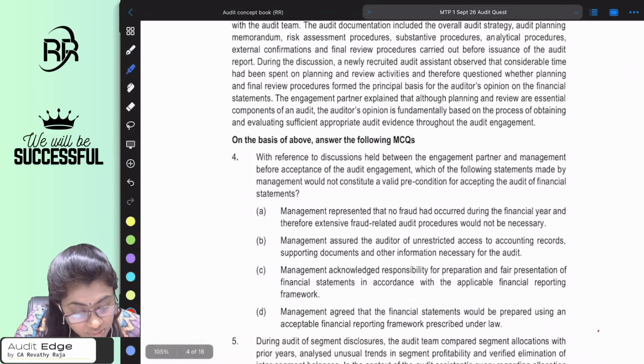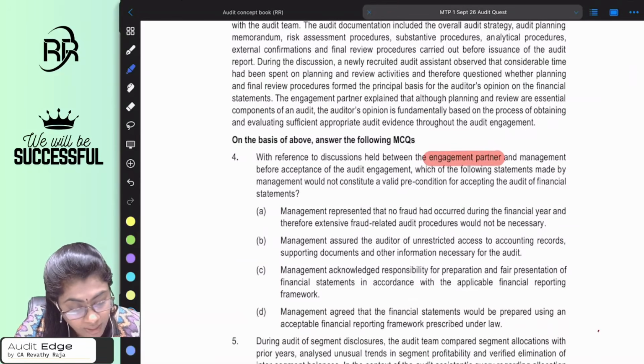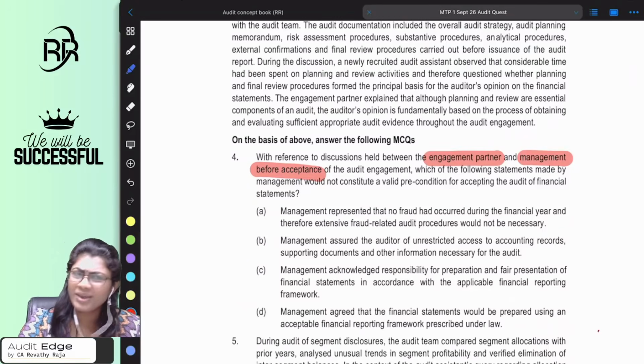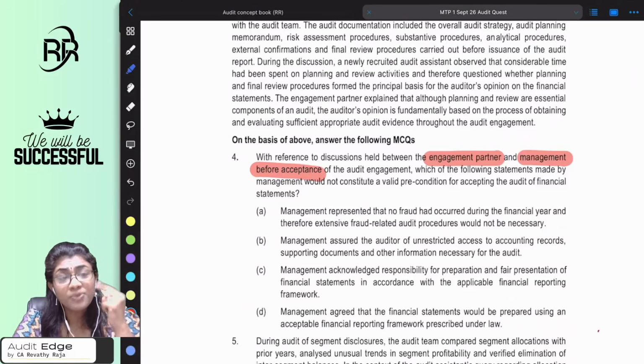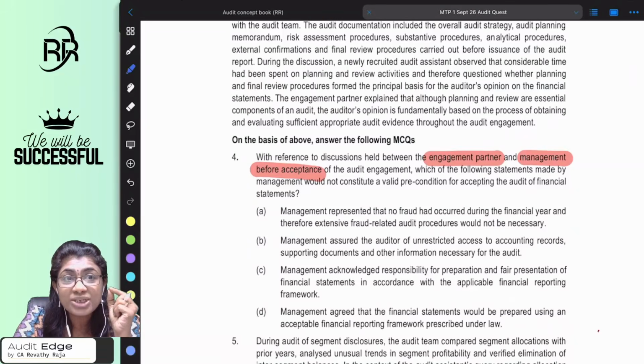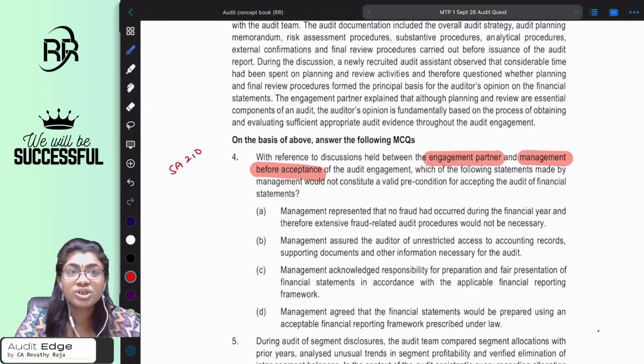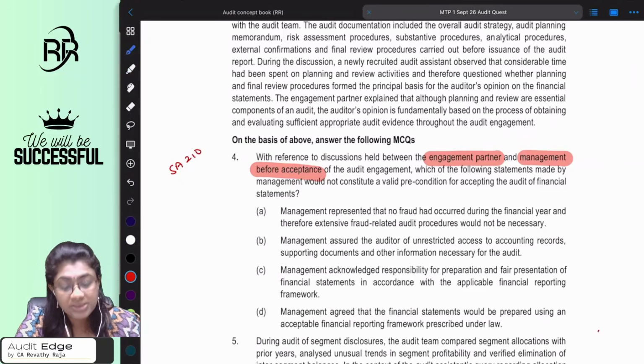With reference to the discussion held between the engagement partner and the management before acceptance of engagement. Whenever you hear the words before acceptance, two SAs will come to your mind. Anyone? Two SAs that say before acceptance. One is SA 210, which talks about preconditions which you have to see before acceptance.